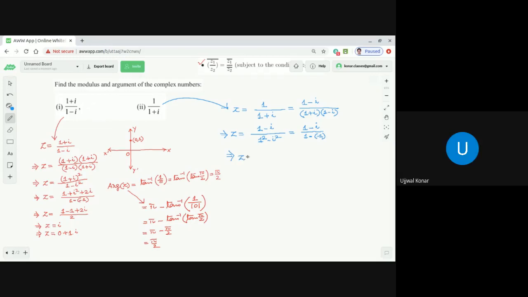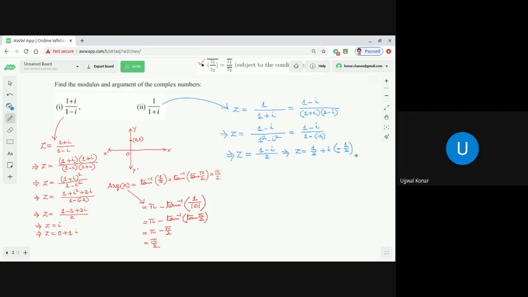That implies Z, let me write properly, that implies Z is equal to 1 minus I divided by 2. That implies Z is equal to 1 by 2 plus I into minus 1 by 2.